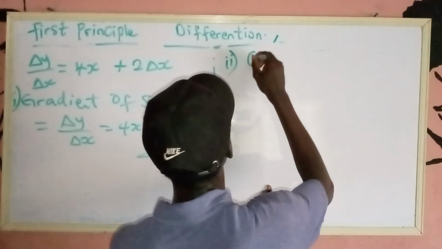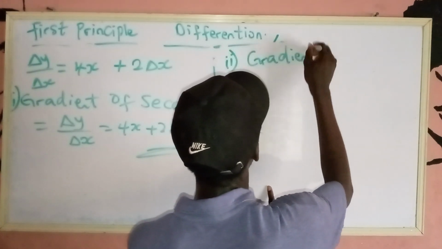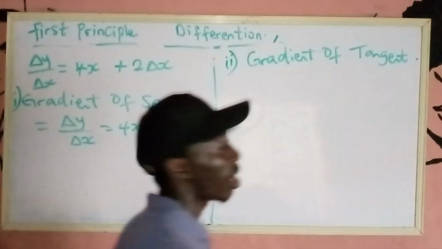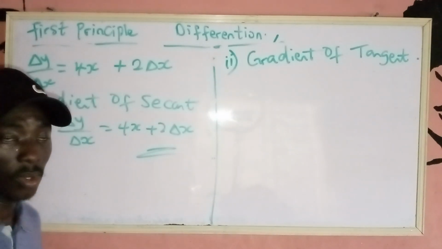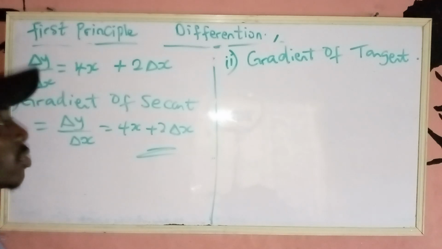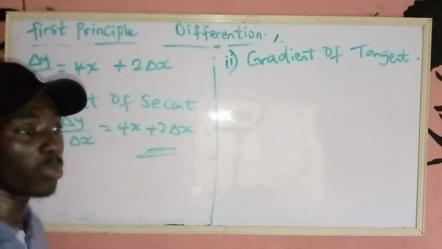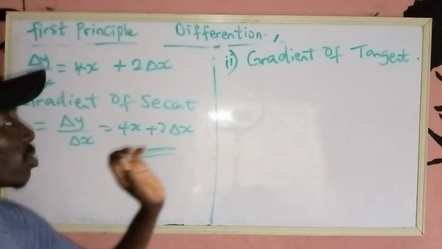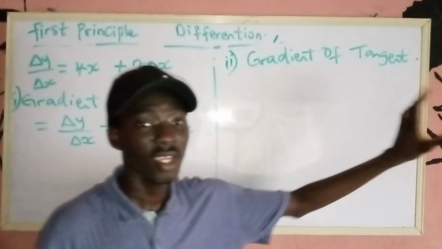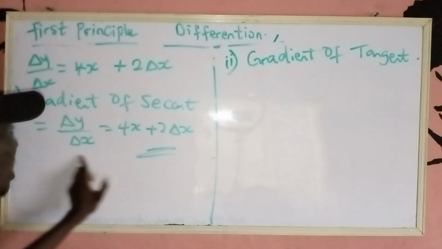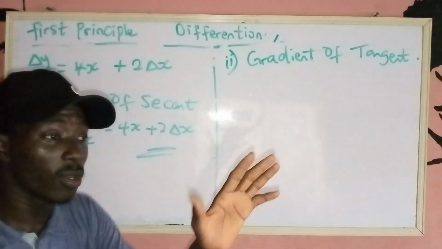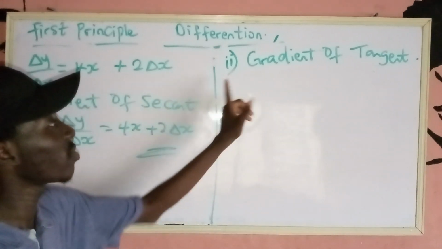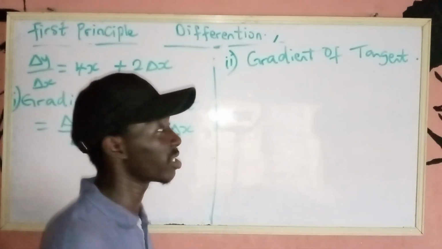Question 2. The gradient of the tangent. So how do you find the gradient of the tangent to the curve? On my video that I explained the principle of differentiation, I said you only have the gradient of the tangent when the change in x in this is approaching 0. So when the change in x in the secant is approaching 0, you have the gradient of the tangent.